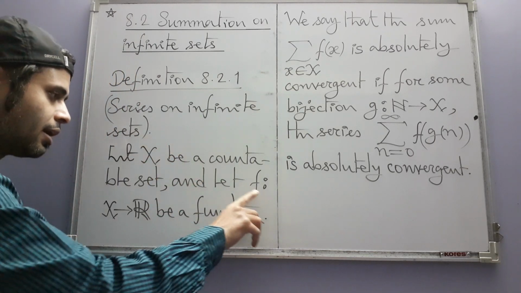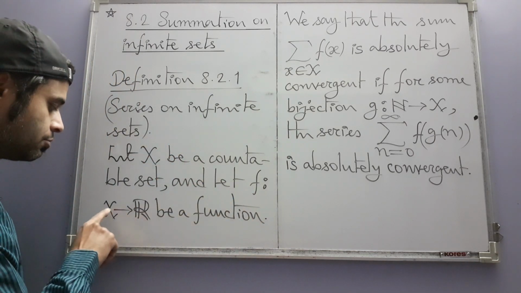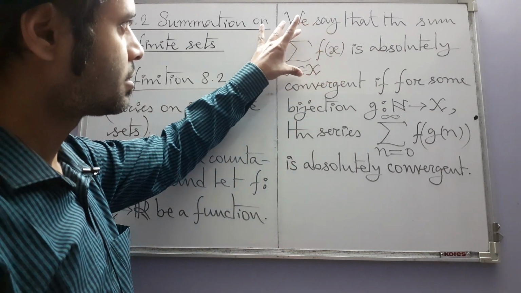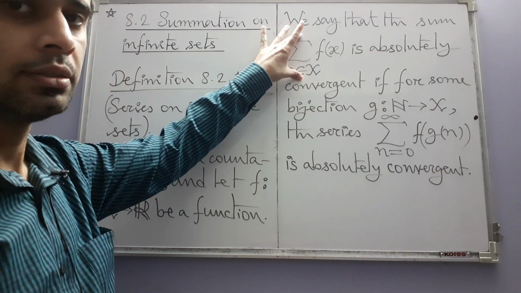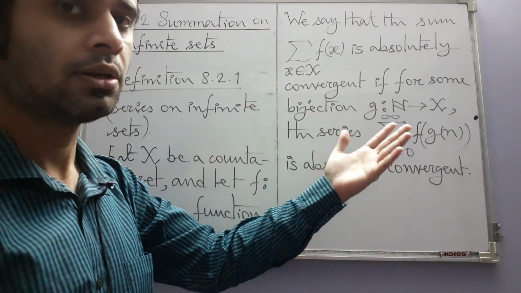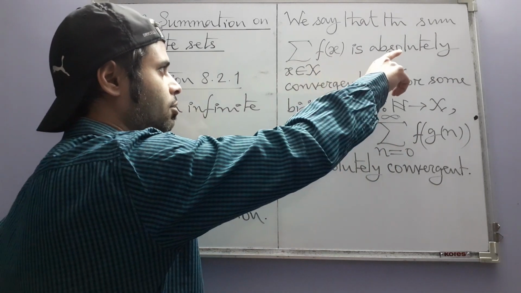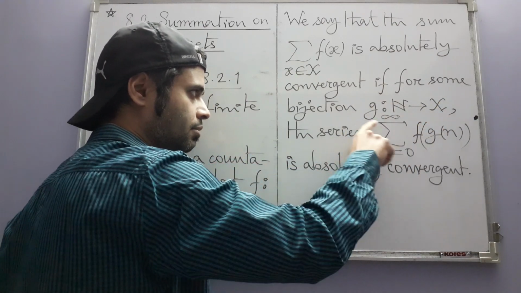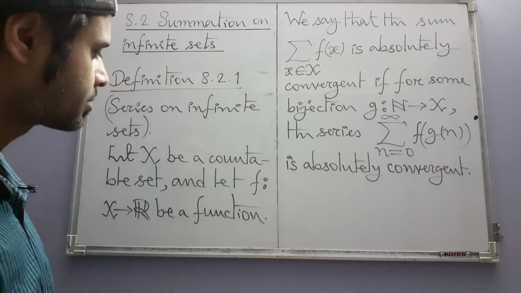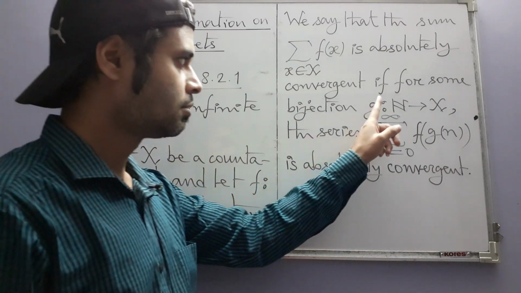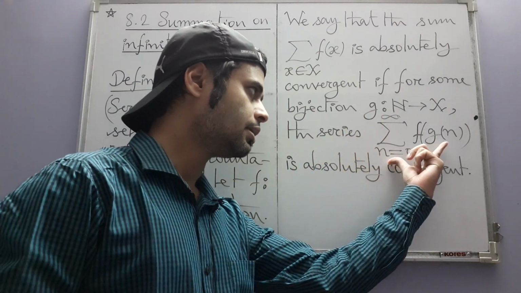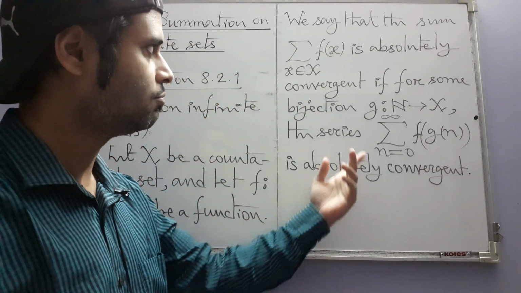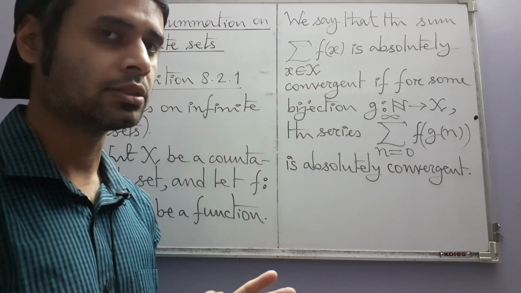And a real valued function f is given whose domain is X. And now we are saying that a sum, which is a symbol that looks like this, will be called absolutely convergent if for some bijection like this, which you know exists because X is countable, for one such bijection, this infinite series is absolutely convergent. When that happens, then we say that this sum is absolutely convergent.